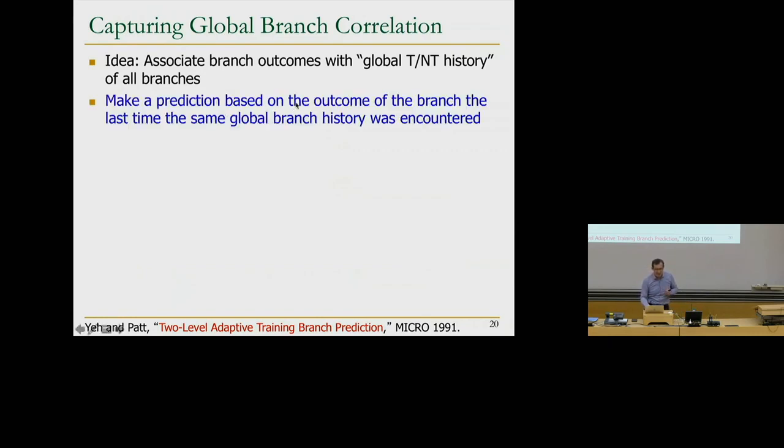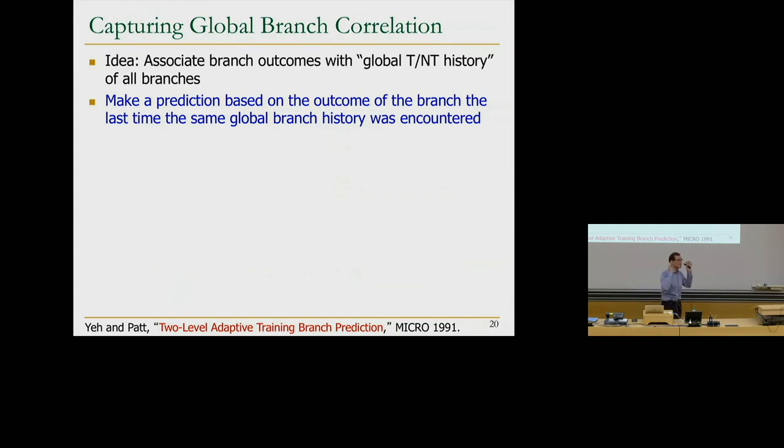And we want to make a prediction based on the outcome of the branch the last time the same global history was encountered. So let's assume that the last 4 branches that you executed were all taken. And you're going to remember what you did last time when you saw that history, when you executed this branch. So all were taken. Last time you did not take it. And if you see that history again, taken, taken, taken, taken, you're going to do not taken again.